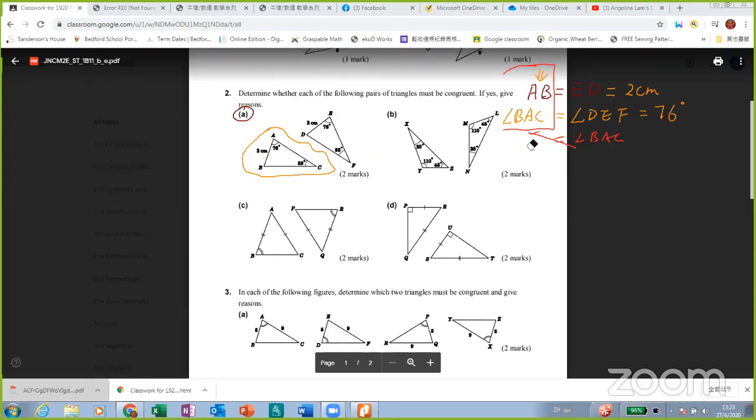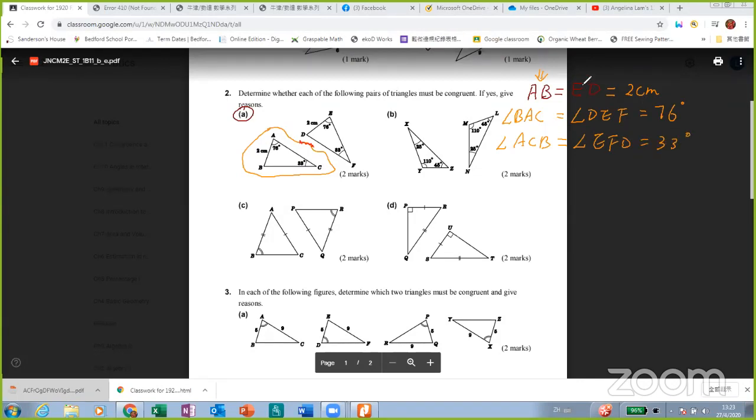Therefore we talk about angle BAC here, because the left hand side is this triangle. Then the next angle is angle ACB equals angle EFD, equals 33 degrees.